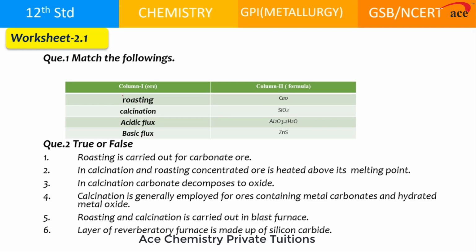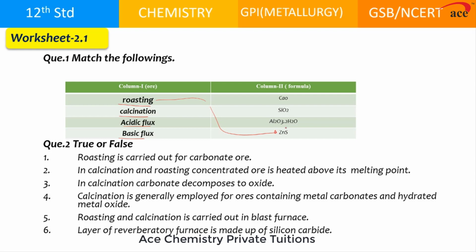If you see this, they have given different terms here, student, like roasting, calcination, acidic flux, and basic flux. And on this side, they have given the formulas. So clearly, we have to identify the example of these terms. Now we know that roasting is one method of extraction, applied for metal sulphide. So the answer should be what?